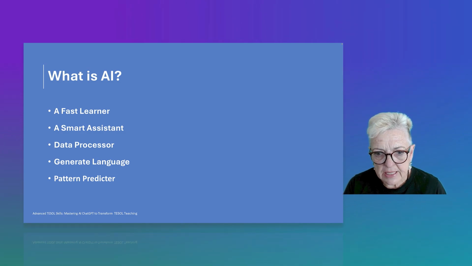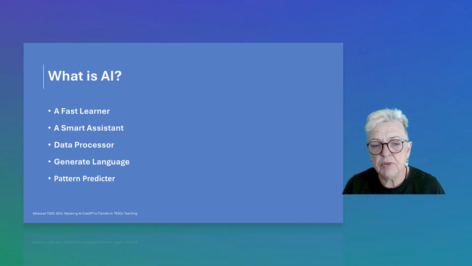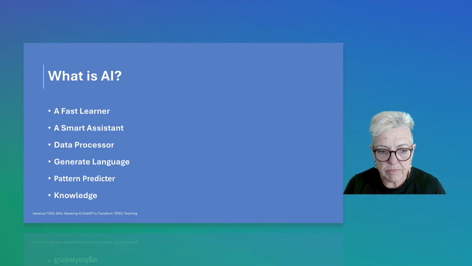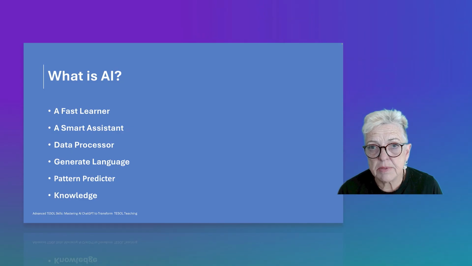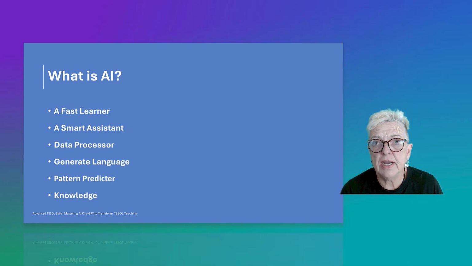It's a pattern predictor. It will learn to predict your patterns and the patterns generally used on the web. It's knowledge. You don't need grammar books anymore. You don't need methodology books really, except in the sense to give you ideas of what the possibilities are.